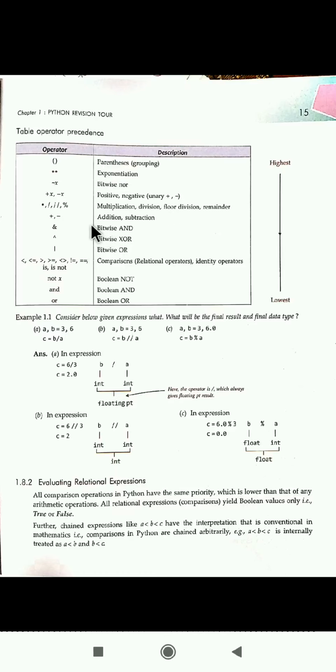Then bitwise operators will be placed. After that you have comparison operators, which are also known as relational operators. Then comes the boolean operators at the last. So we have to move from highest to lowest. The operators placed above are of highest priority, and those placed at the bottom are of the lowest priority.